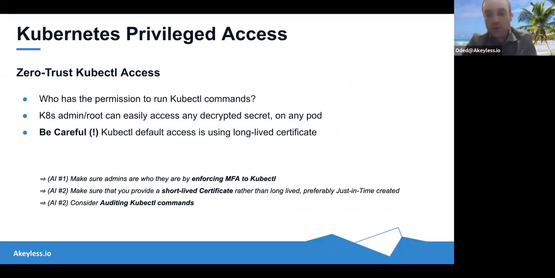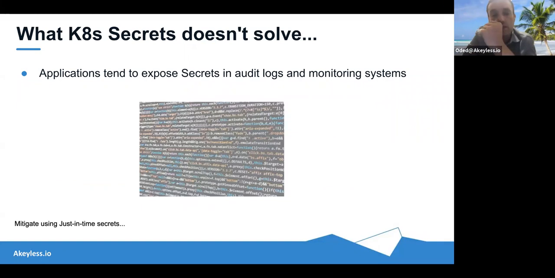So this is an area, the kubectl privileged access, that we find is most times neglected. So please remember that even when everything is encrypted and you already interconnected with a secrets management system, the kubectl administration access is important.